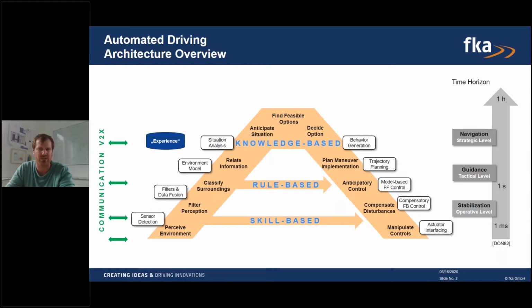On stabilization, we talk about milliseconds in the optimization horizon. On the guidance level, it's more seconds, and navigation can go up to hours. So it's really important to differentiate which domain we want to use algorithms in, since there are plenty of algorithms available, and you need the right set of algorithms for the right problem you need to solve.